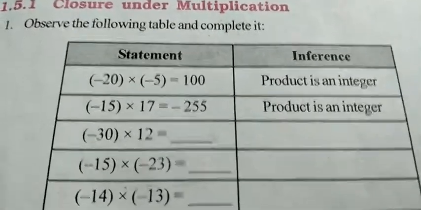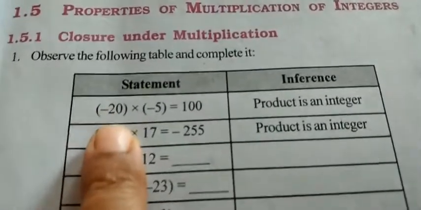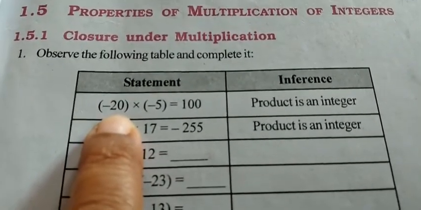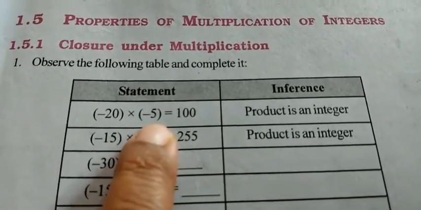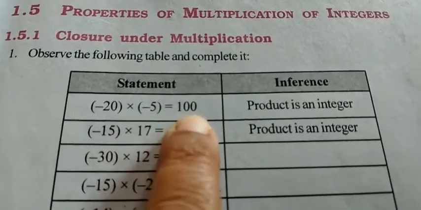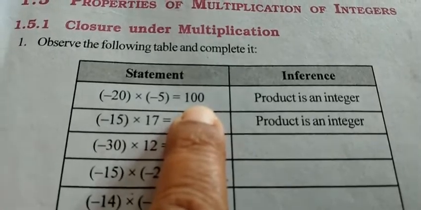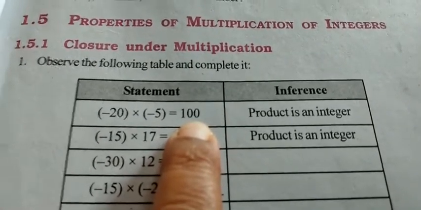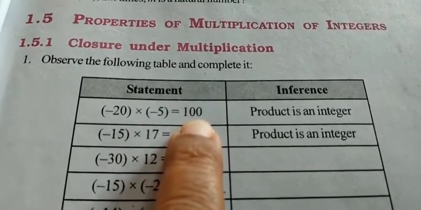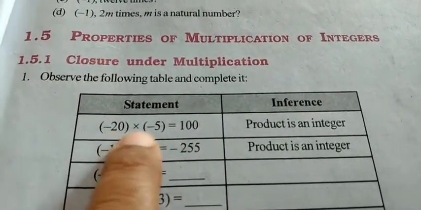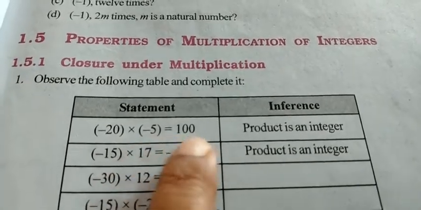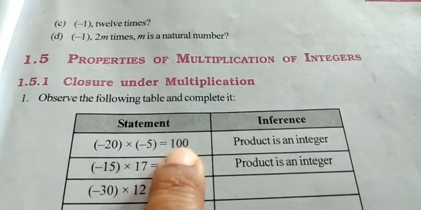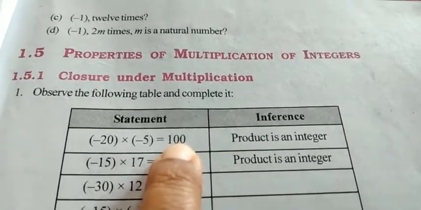You can see the example over here: negative 20, which is a negative integer, when multiplied with another negative integer, you are getting the product as 100, which is also an integer. One more thing you must learn here: when two negative integers are multiplied, the product is always a positive integer.